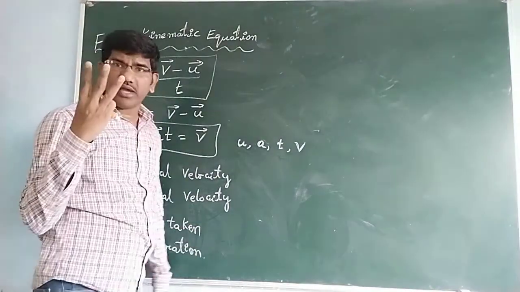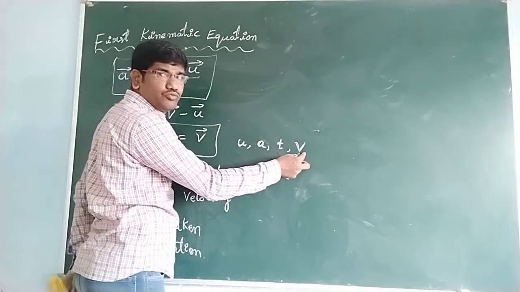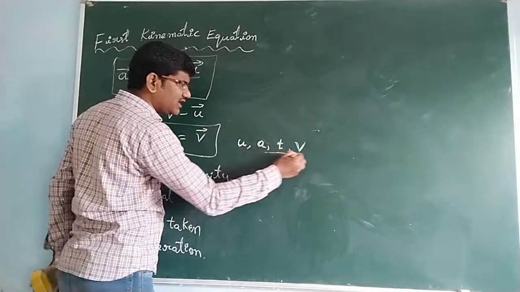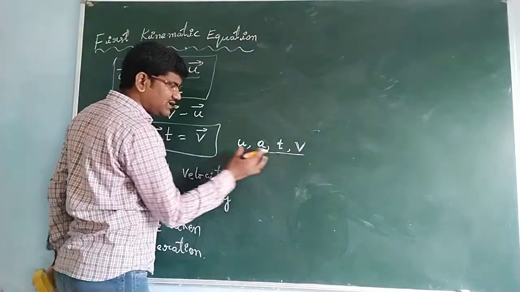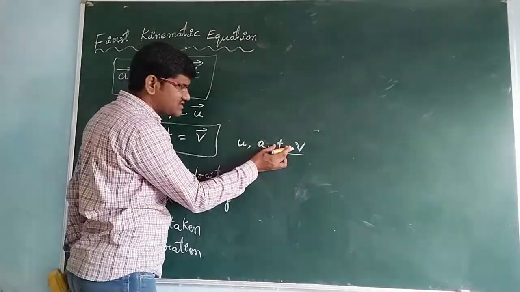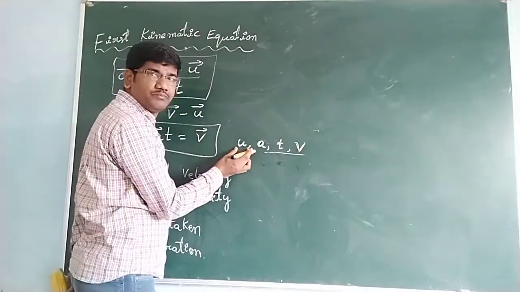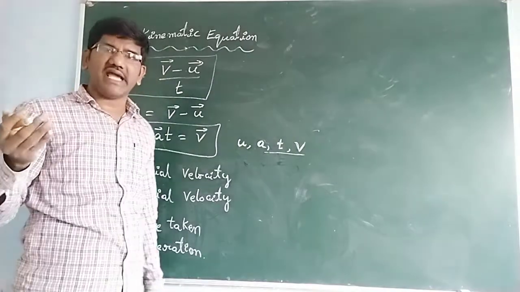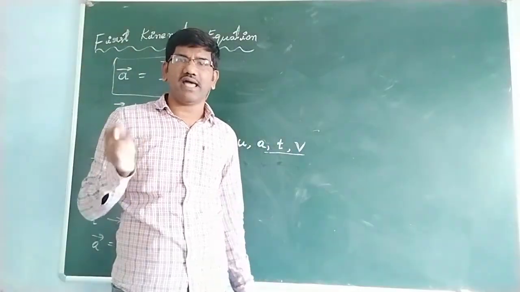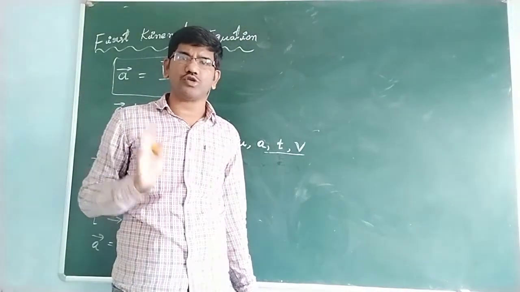They can give you any three quantities. For example, U, A, T is given, they can ask you V. You have to use the same formula. Or sometimes they will give A, T, V. These three will be given, and they'll ask you the initial velocity. They will give the acceleration value, the time value, the final velocity value, and they will ask you U. Based on this, you can do the exercise problems. Keep solving the exercise problems based on acceleration. Please keep solving all the problems well.